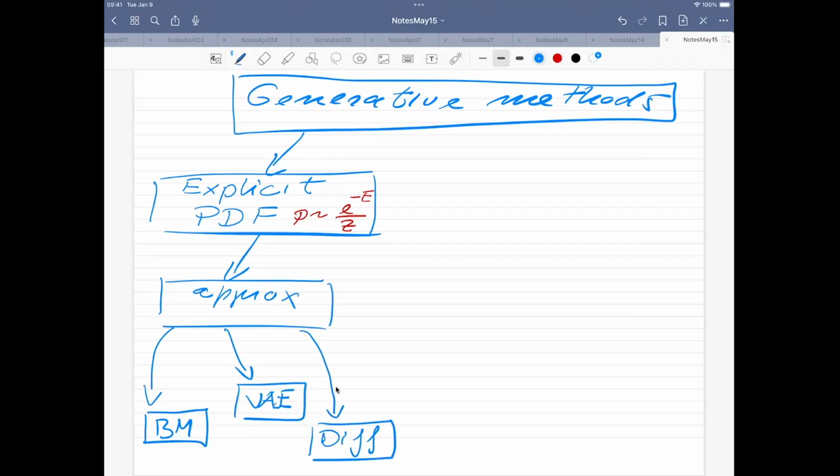Then we have something here which we haven't dealt with, which is called tractable. And you will then find a typical type of model which are called belief networks. Sorry for the writing here.